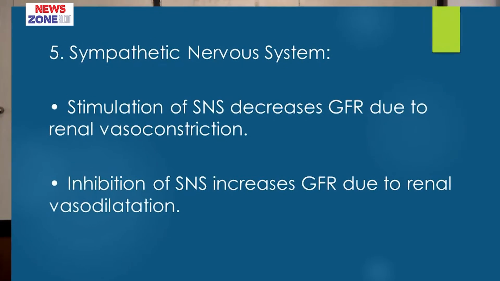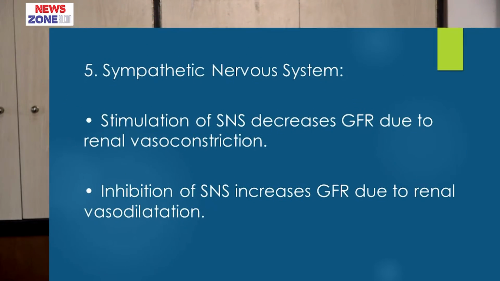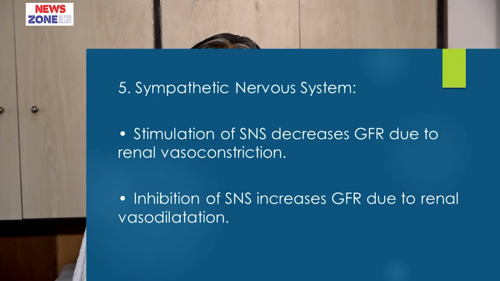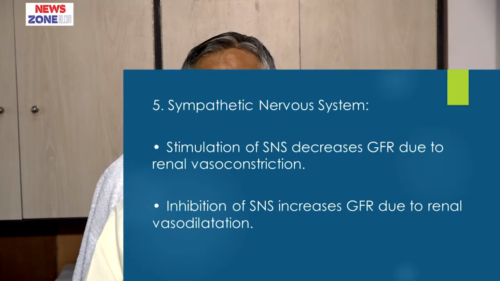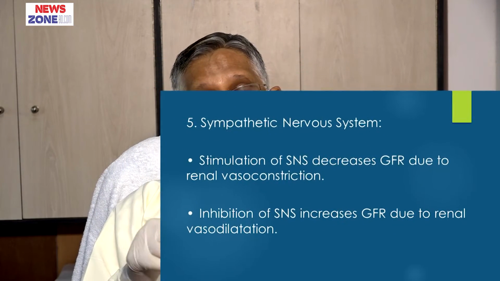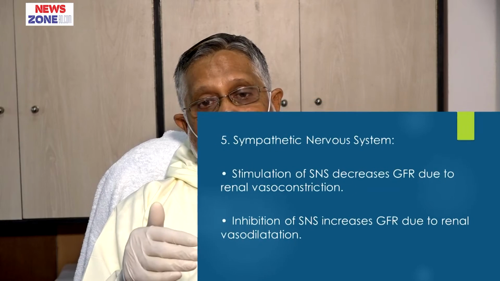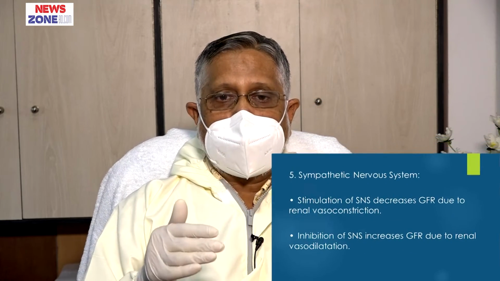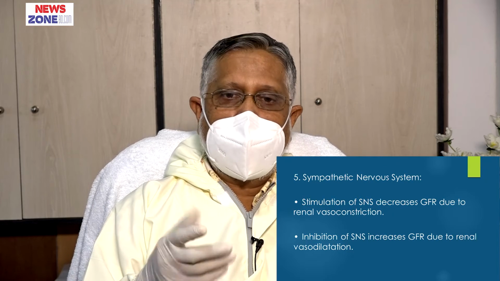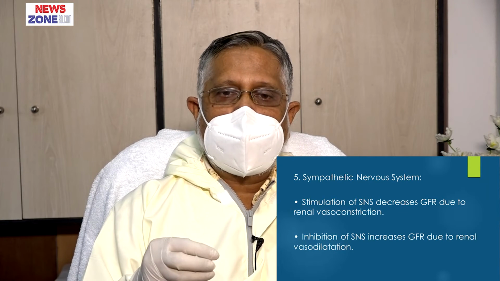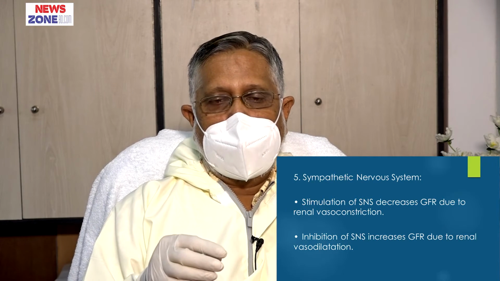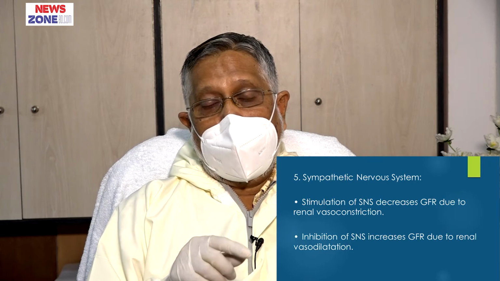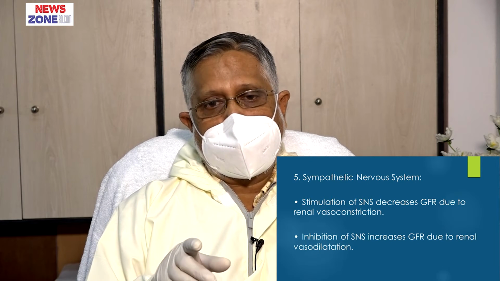Next, if the number of water pores in the glomerular membrane is more, then the GFR will increase, and if the number of water pores is less, then naturally the glomerular filtration rate will be less. So this is about the permeability coefficient.